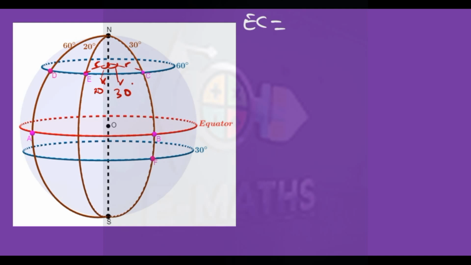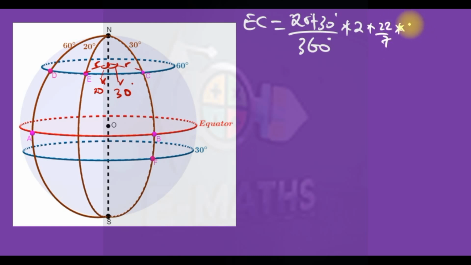So our angular difference is 20 plus 30 degrees, over 360 times 2 times 22 over 7 times small r.